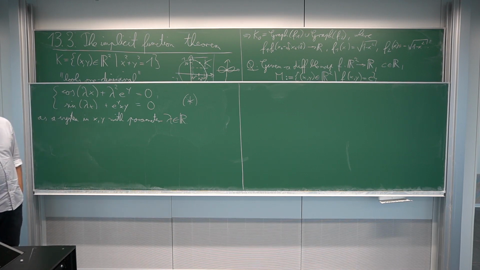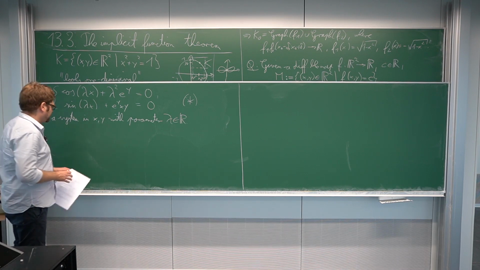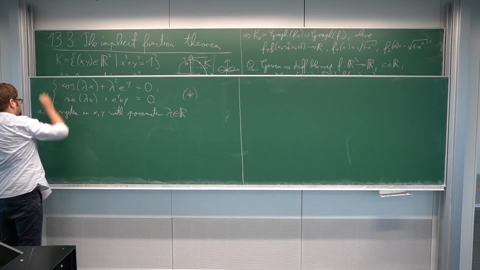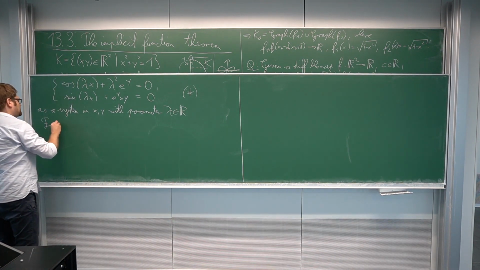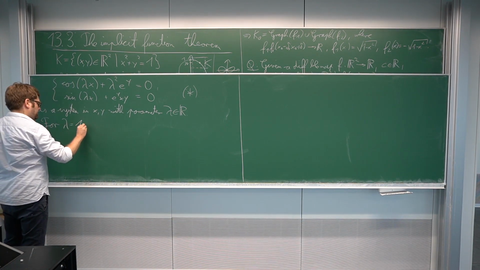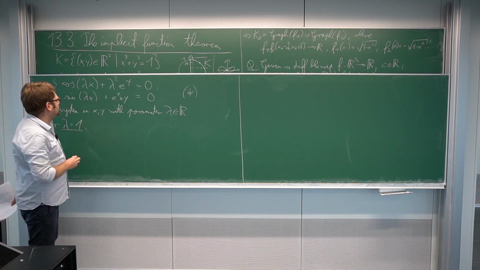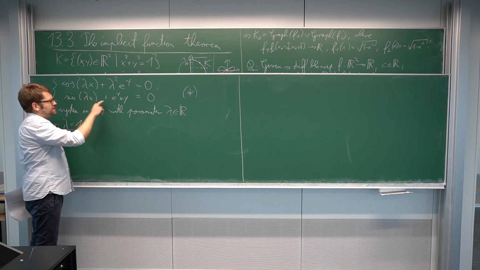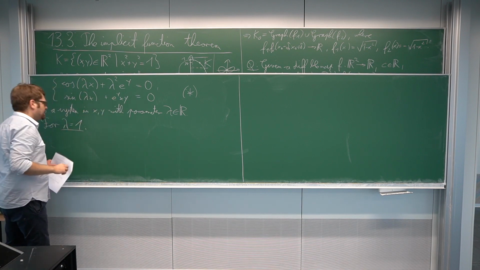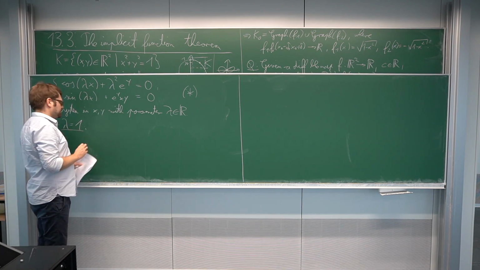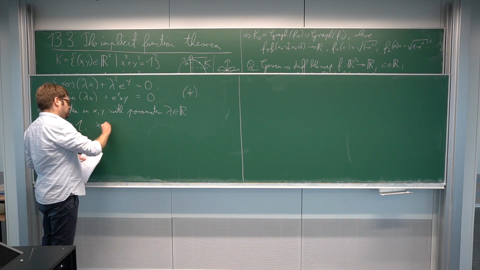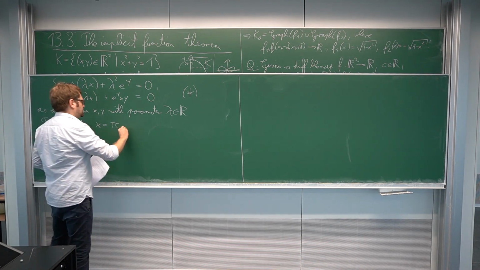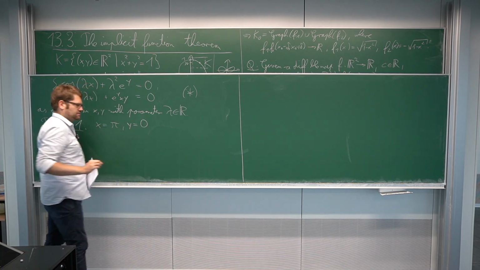Namely, there's one particular case where you can see this. Take the special case of lambda equals 1. Then we have just cosine of x plus e to the y, and here we have sine of x plus e to the y xy. Then you can find out, if you think about these things a little, x equals pi and y equals 0 would be a solution.